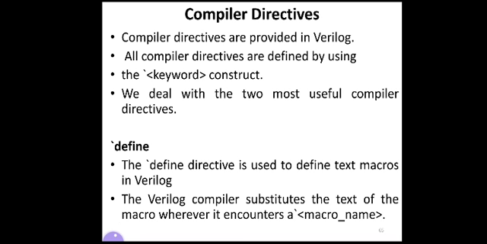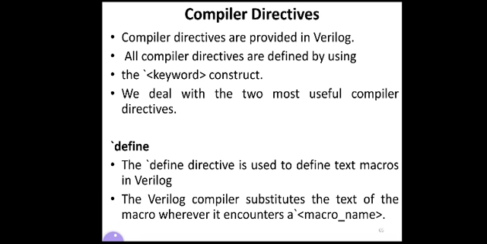Similar to that, here the function of `define is the same as #define in C programming, but the construct or syntax used here is `define. The `define directive is used to define text macros in Verilog. The Verilog compiler substitutes the text of the macro whenever it encounters a `macro name.